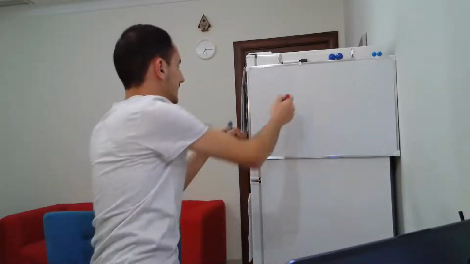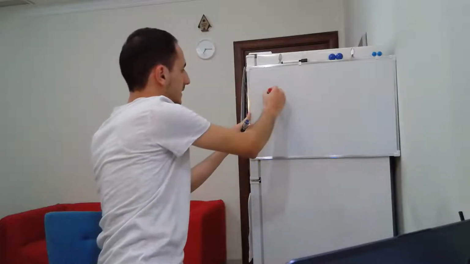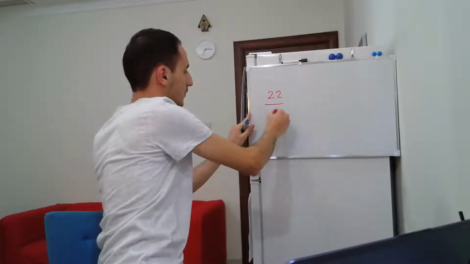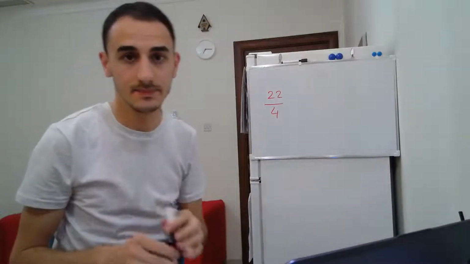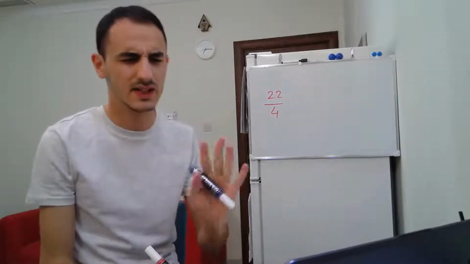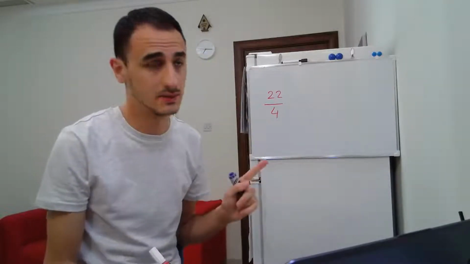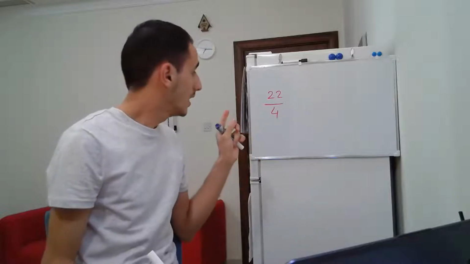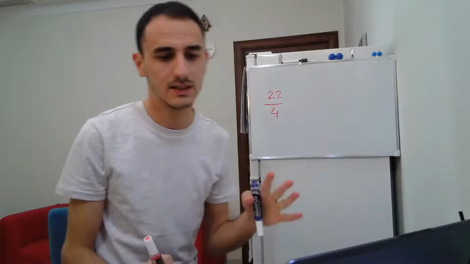Okay, now let's say it is an improper fraction and you want to write it as a mixed number. Let's say 22 out of 4. This is an improper fraction because the top number is more than the bottom number. Some people do division.